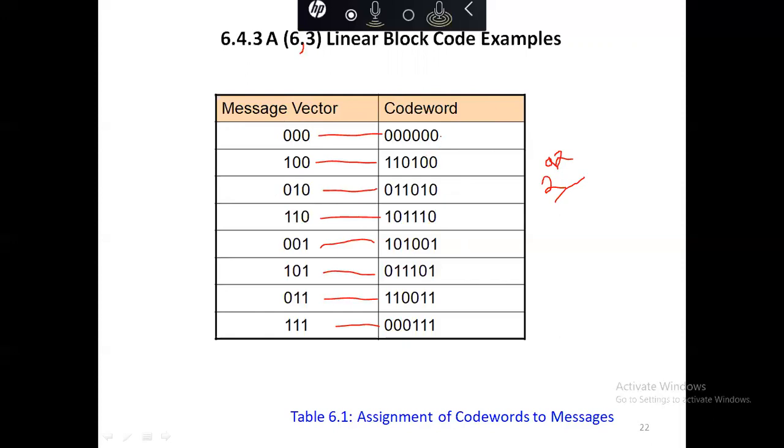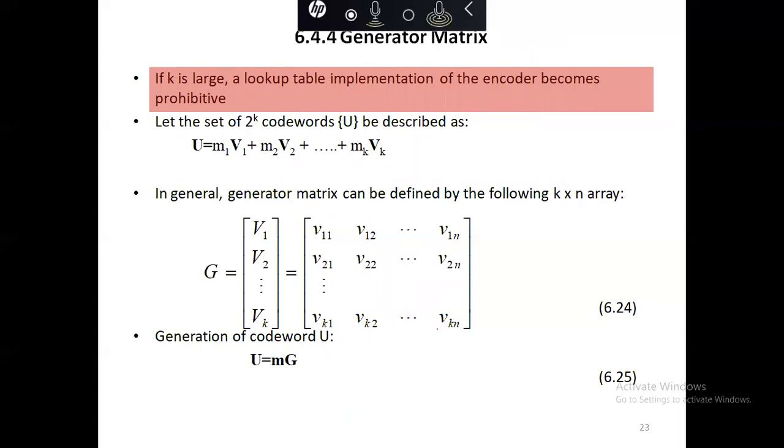The generator matrix is arranged in a way that I choose some code words from it. For example, we have a generator matrix with all the code words of V_k, and these code words are of order k by n.